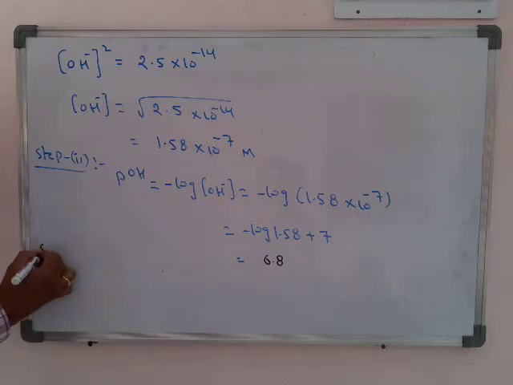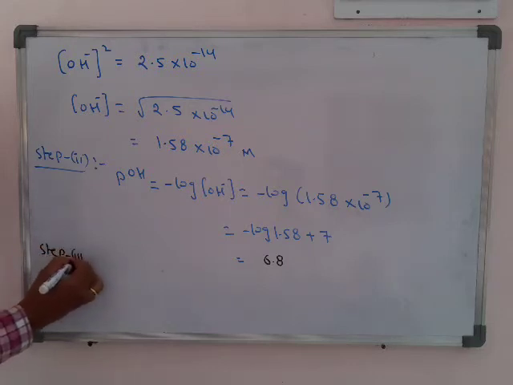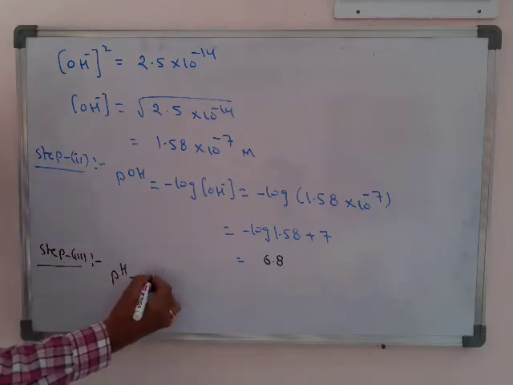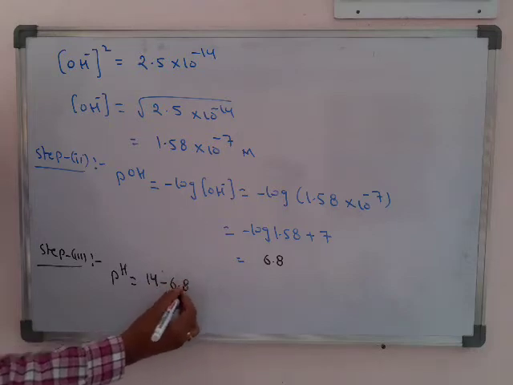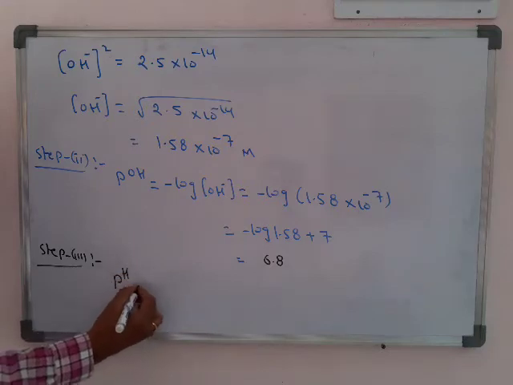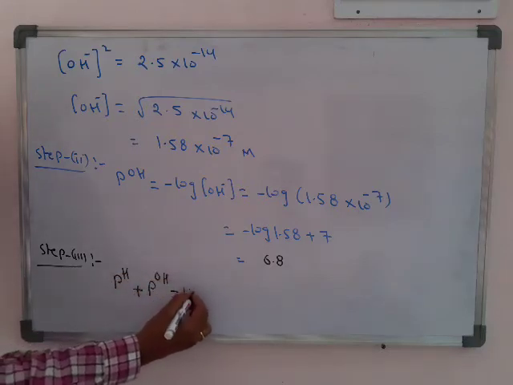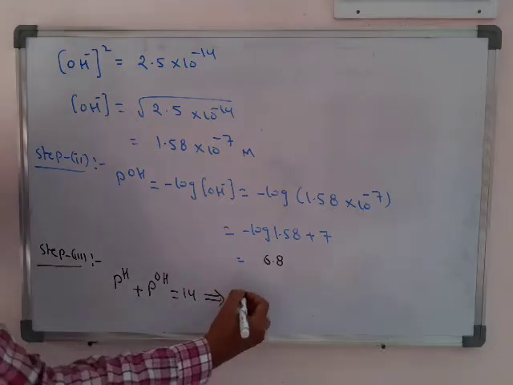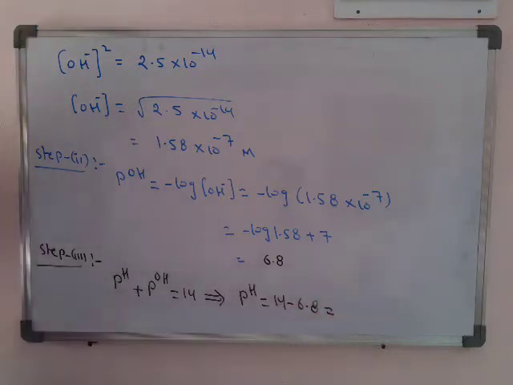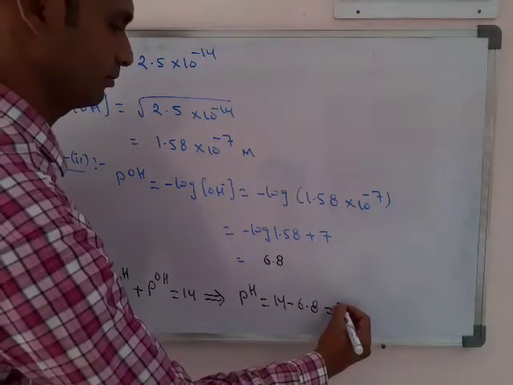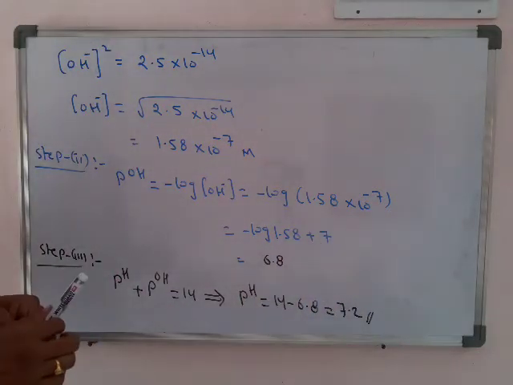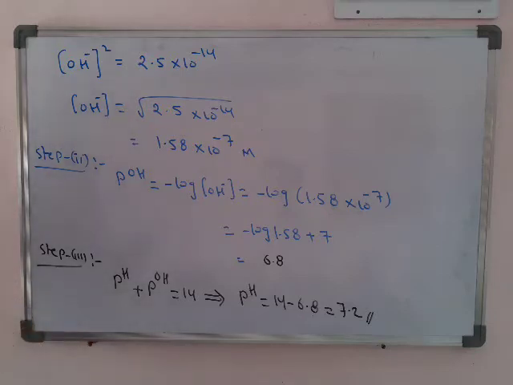Now calculate the pH. pH equals 14 minus 6.8. We know the formula pH plus pOH equals 14. This is the pH of the solution to get the precipitation of cobalt hydroxide.